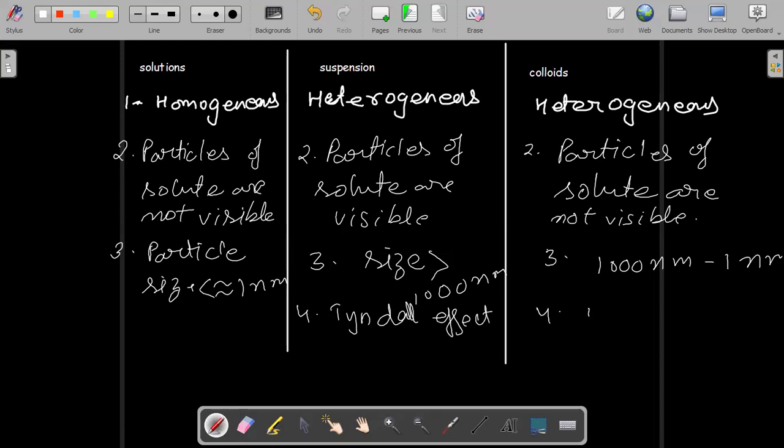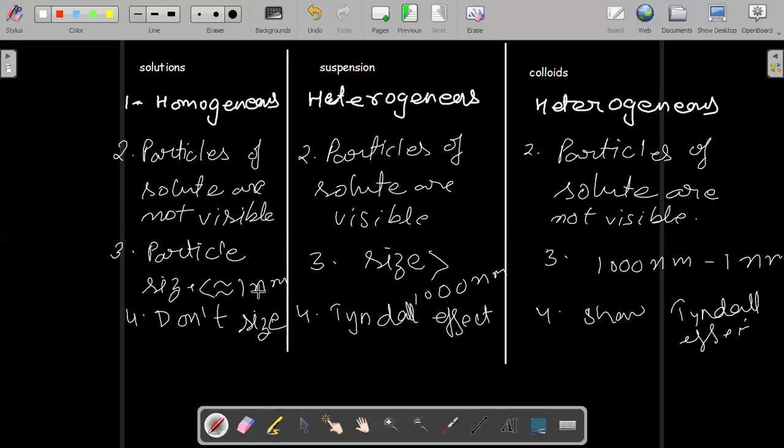Colloids also show the Tyndall effect, and solutions don't. The reason being the particle size is too small to scatter the light. So all the heterogeneous mixtures, that is suspensions and colloids, show the Tyndall effect, whereas solutions do not.